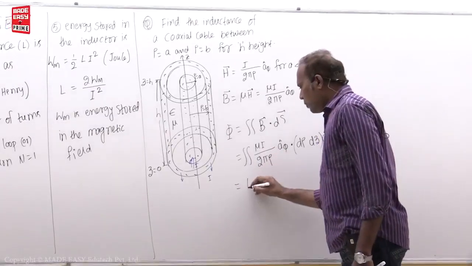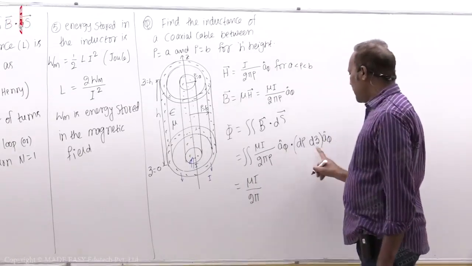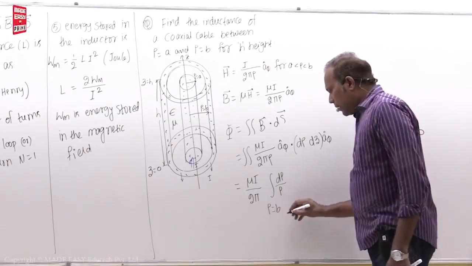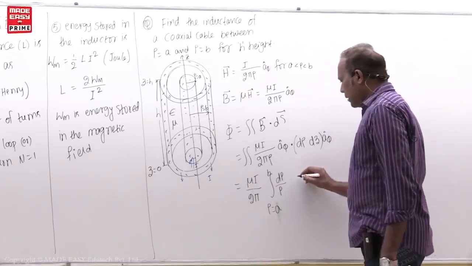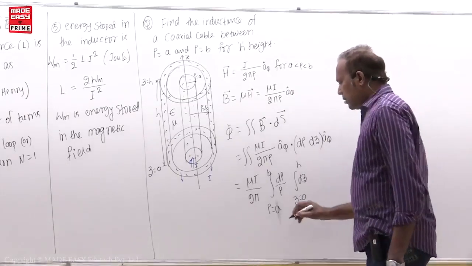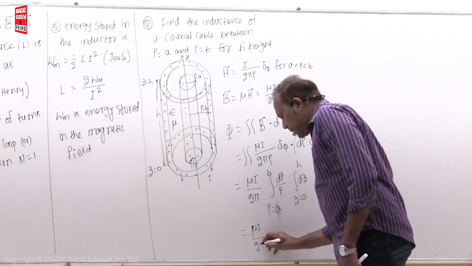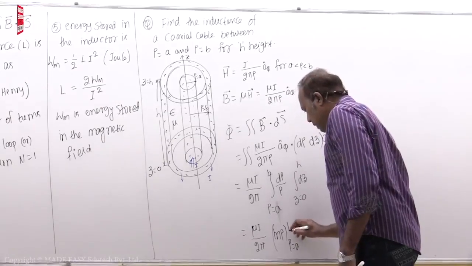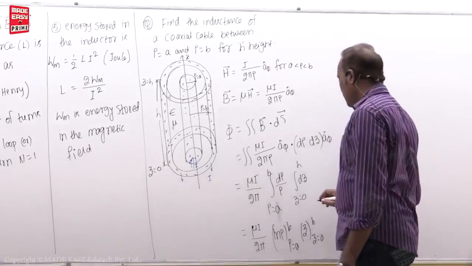Here mu I divided by 2 pi is constant, it came out, a phi dot a phi is 1. So integral d rho by rho, rho varying from A to B, and integral dz, z varying from 0 to h. From this, mu I divided by 2 pi, this is ln rho, rho varying from A to B, and this is z, so z is equal to 0 to h.